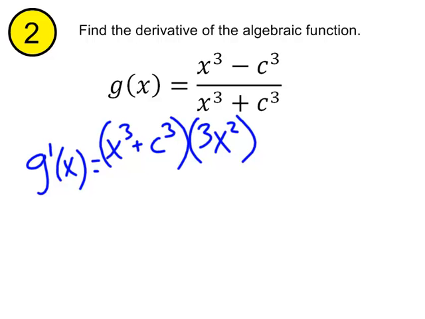All right, so that was bottom times derivative of top minus top times derivative of bottom. Pause, take a look at the quotient rule formula if you need to make sure that this makes sense to you. So minus top times derivative of bottom. And again, same reasoning. Derivative of x cubed would be 3x squared. Derivative of this constant is going to be 0.